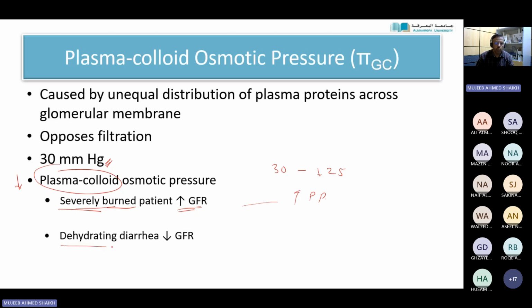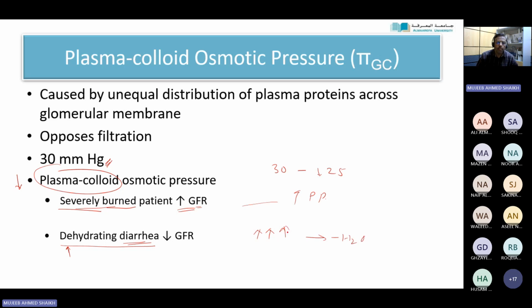Similarly, if the person loses water, dehydration, let's say excessive sweating, or not drinking proper water, or loss of water in diarrhea, what will happen to the concentration of proteins in the blood? It will increase. Yes, it will be highly increased because water is lost. So it will become more concentrated.